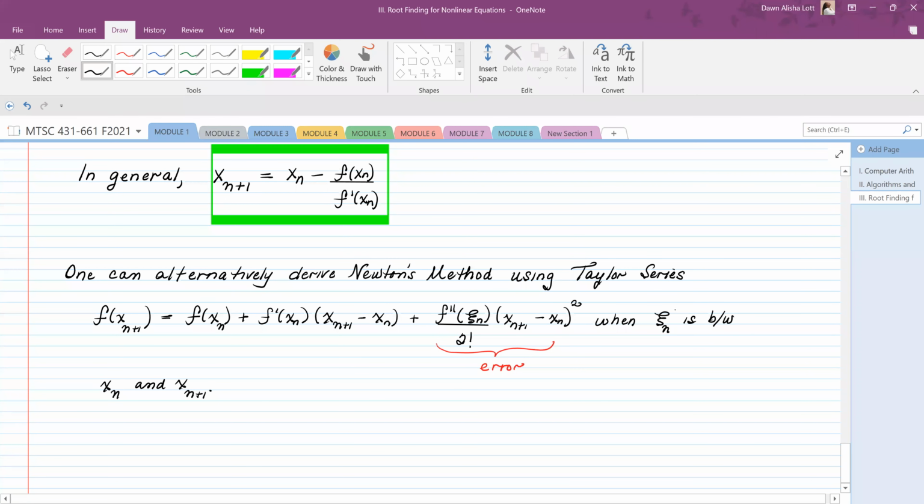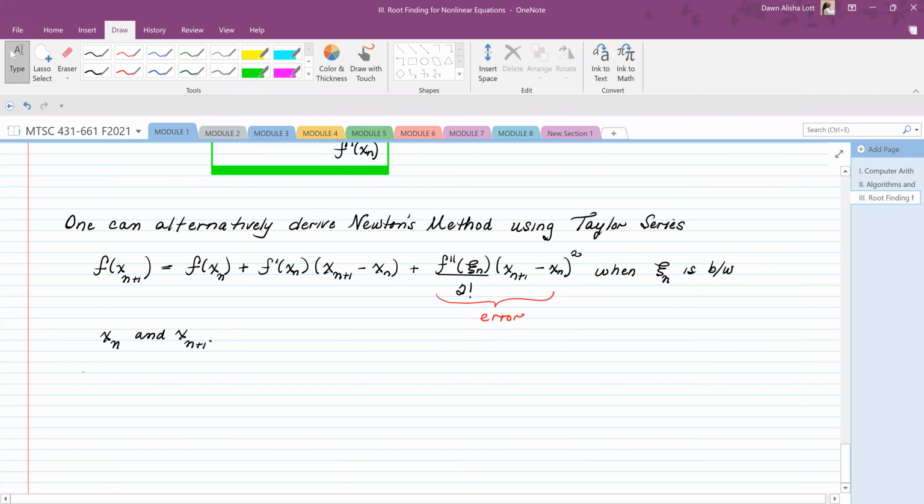So therefore, let's truncate it. So we're going to get f of xn plus 1 is equal to f of xn plus f prime of xn times xn plus 1 minus xn.